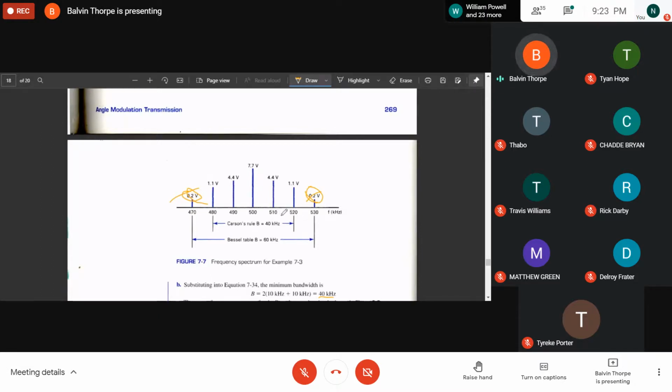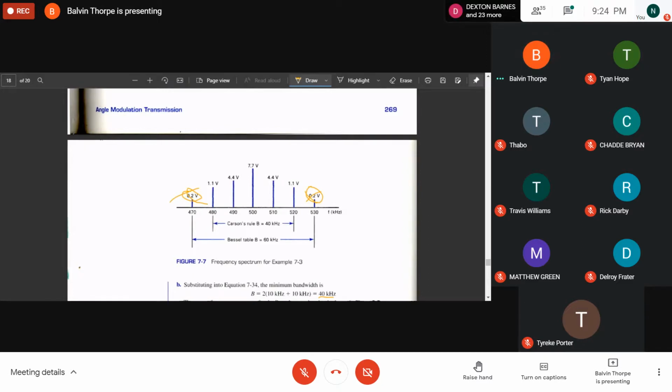So what he did is say, okay, it's going to be from here to here, and that's going to be your bandwidth using Carson's. But the Bessel function doesn't make any assumption. It takes everything from here to here. And that's why the bandwidth in this case using the Bessel function is going to be a bit higher than using the Carson approximation method.